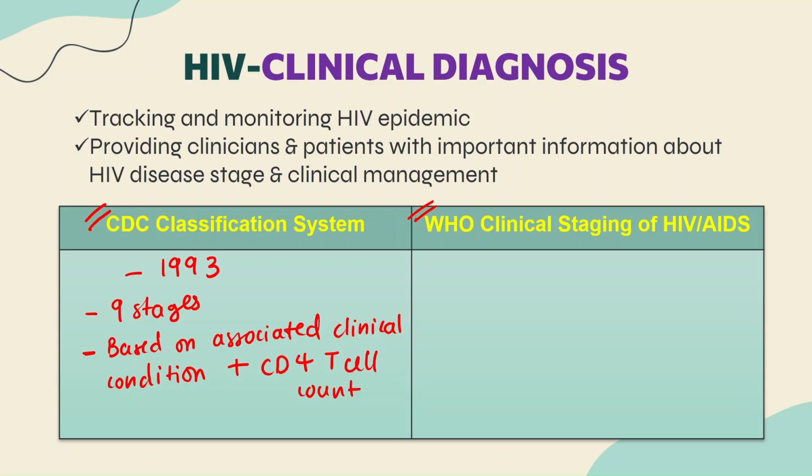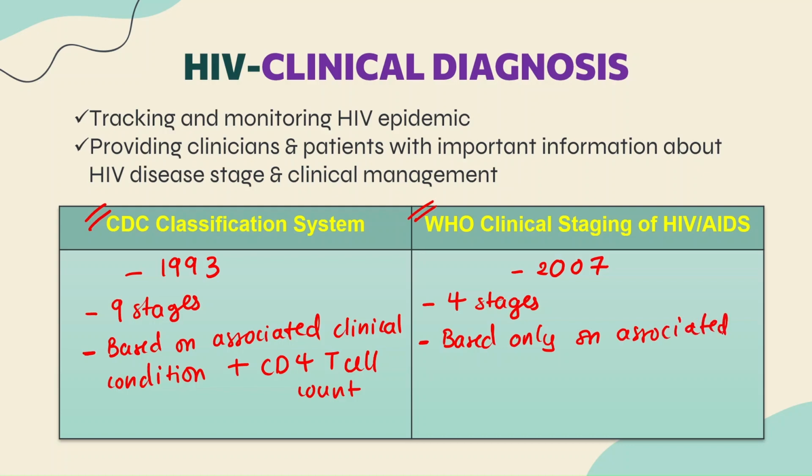On the other hand, the WHO clinical staging came into picture in the year 2007, when these guidelines were given. It divides HIV infection into 4 stages, and this is based only on the associated clinical conditions.